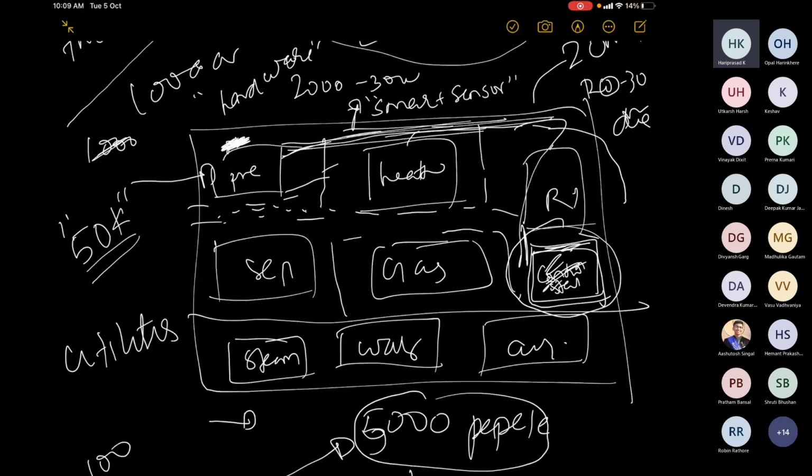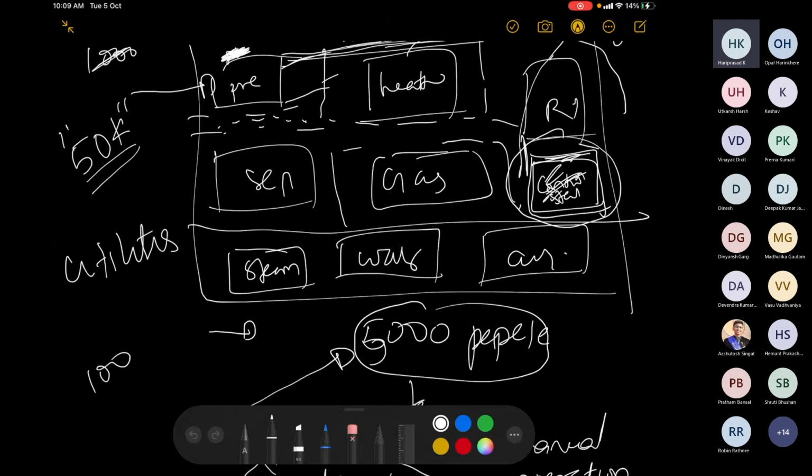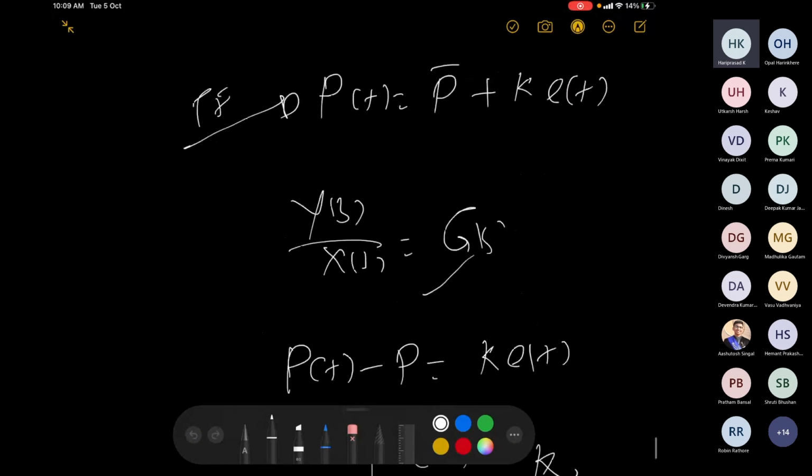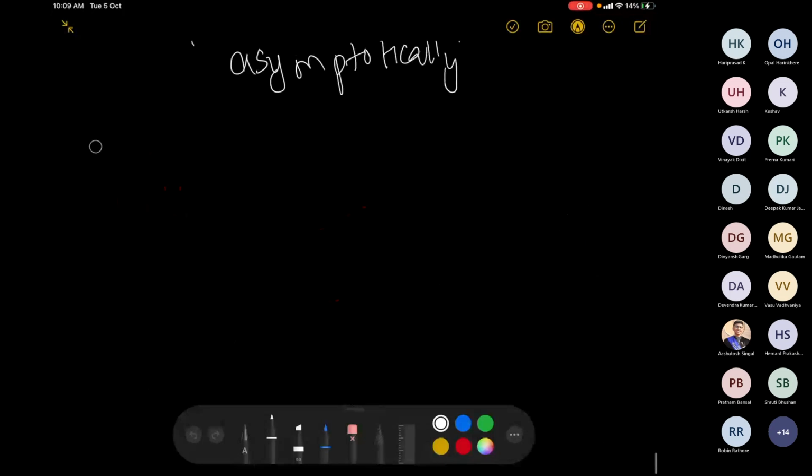So you would see that a hardware controller will not last long, like any electronic equipment. Its performance would degrade with respect to time. But soft controllers are basically a control algorithm, right?